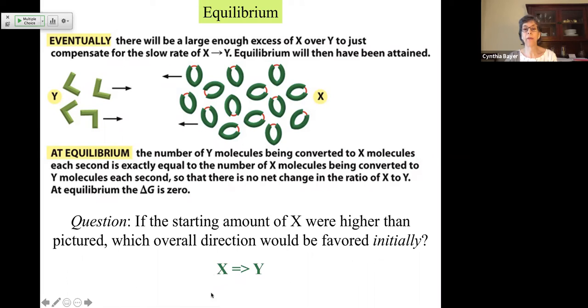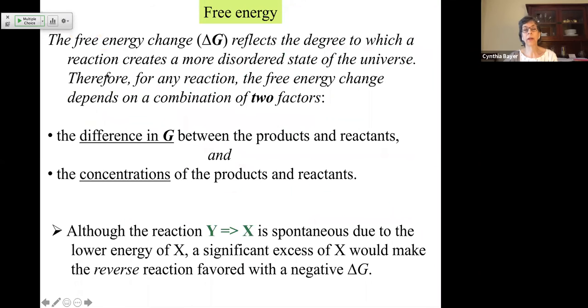But if we have more X, or glucose, the favored direction would be from glucose to glycogen. So when we're considering the free energy change in a reaction, that's reflecting the degree to which that reaction creates a more disordered state of the universe.